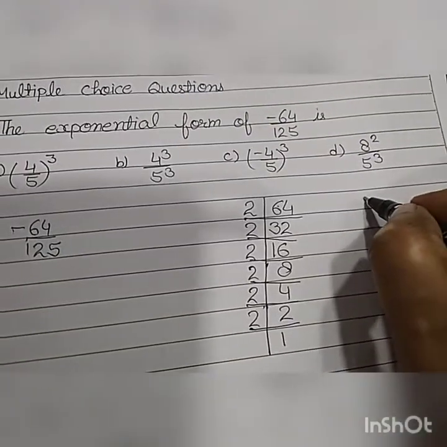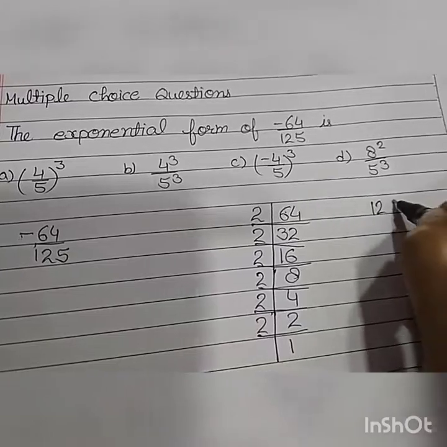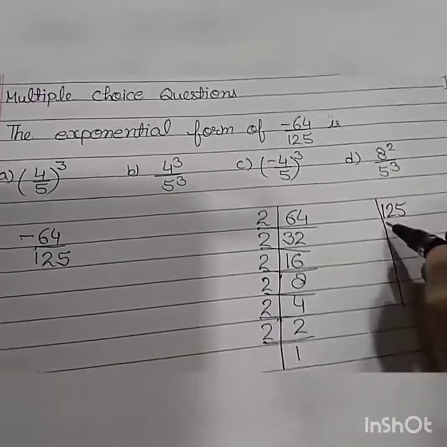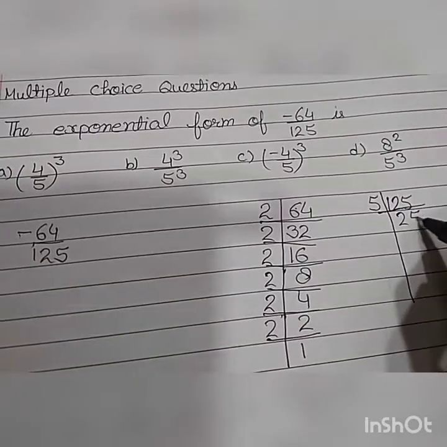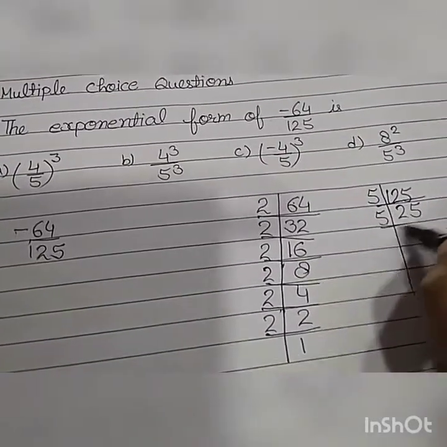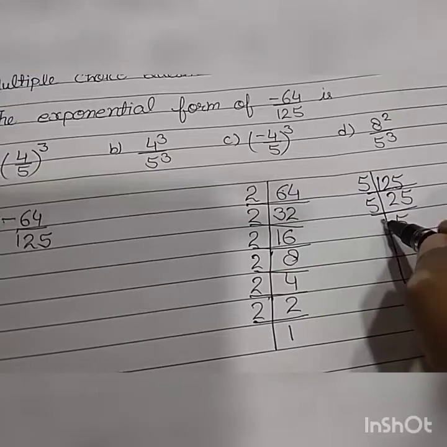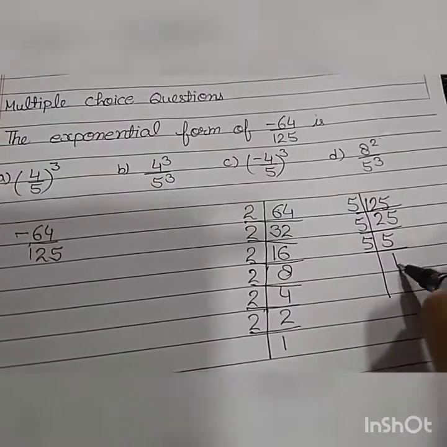Same we will take out 125: 5 2s are 10, 5 5s are 25, 5 5s are 25, 5 1s are 5.